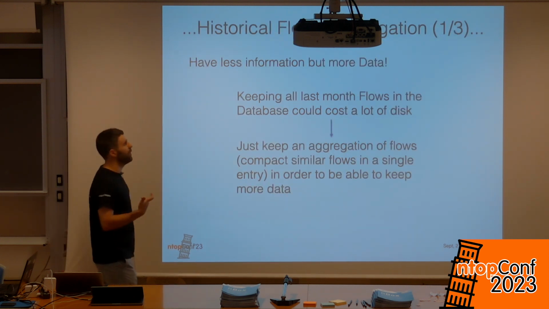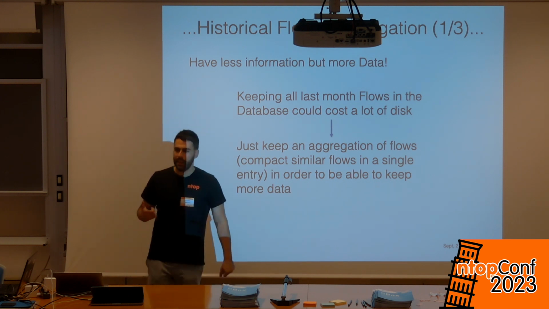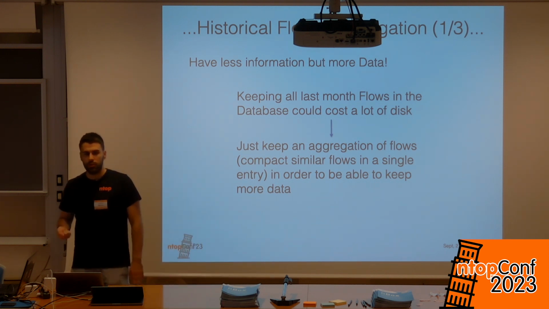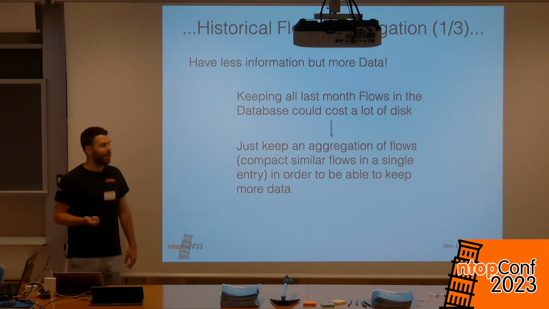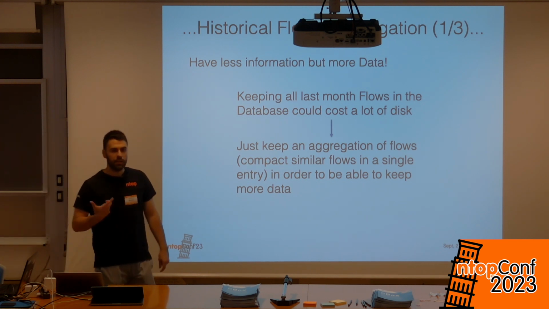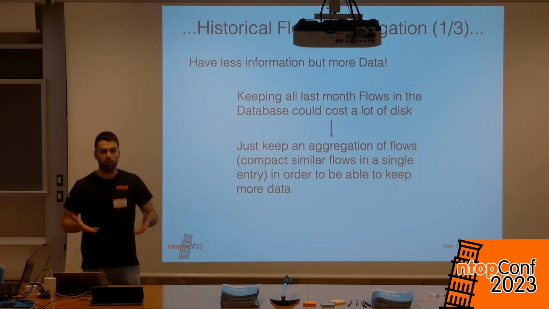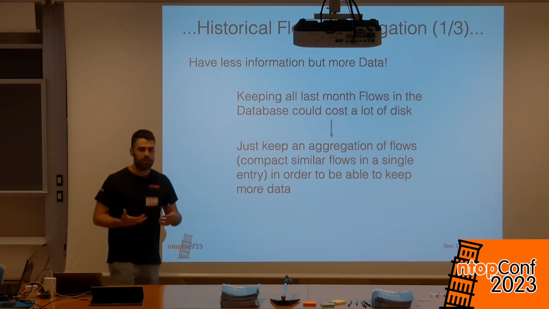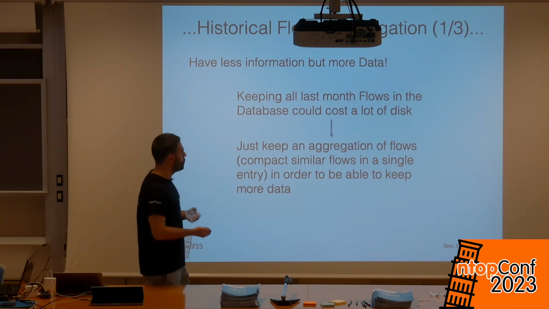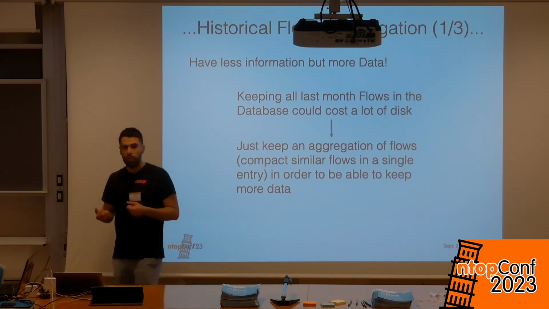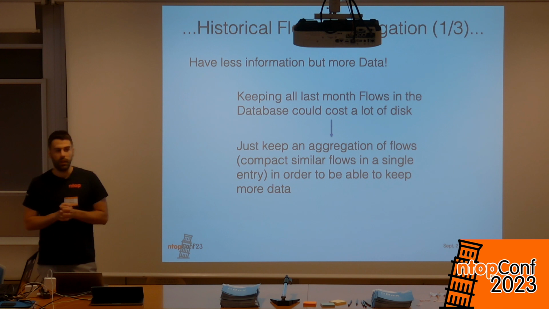And still talking about historical flows, again, similar to what Alfredo told you about ntdisk, we had a similar problem with historical flows. In large networks, we had to store a lot of historical flows, a lot of data on the ClickHouse database. So we thought of a solution to reduce that amount of disk usage.